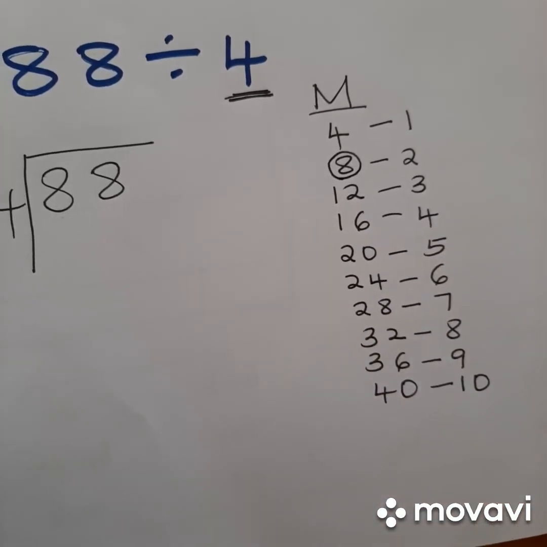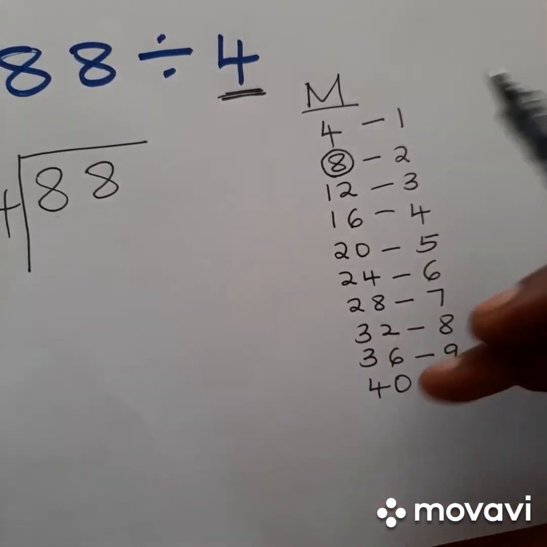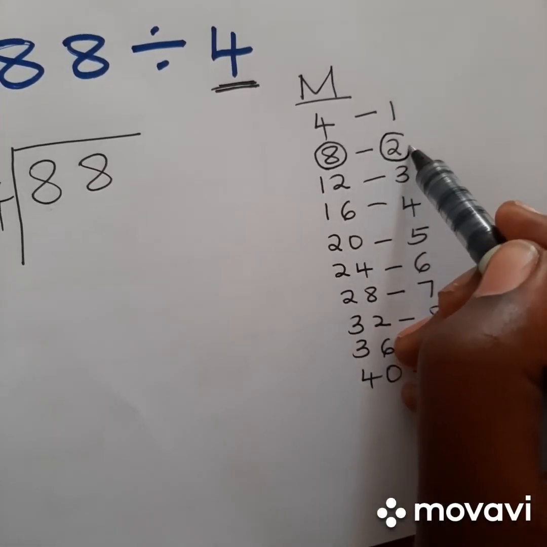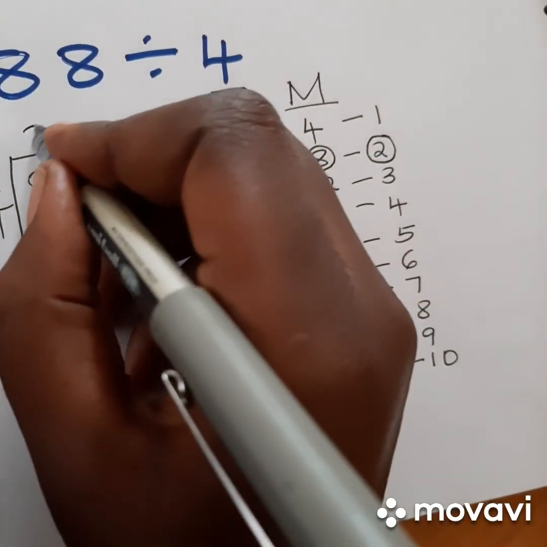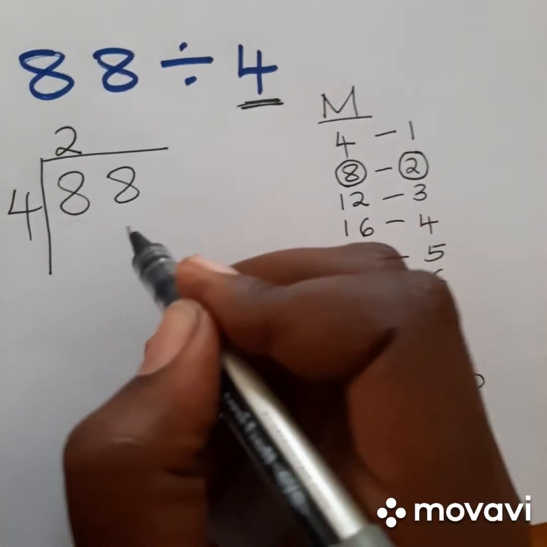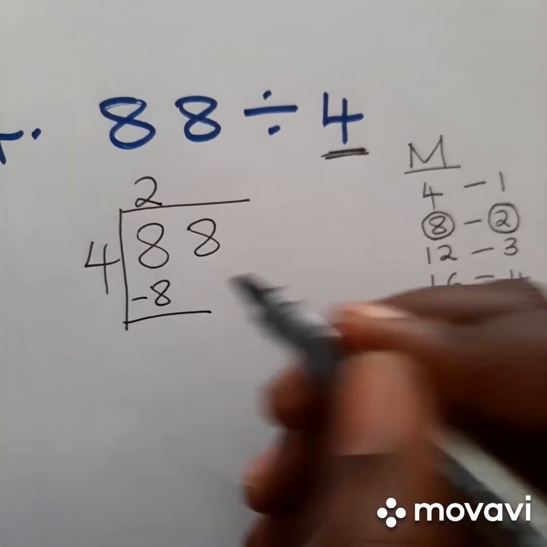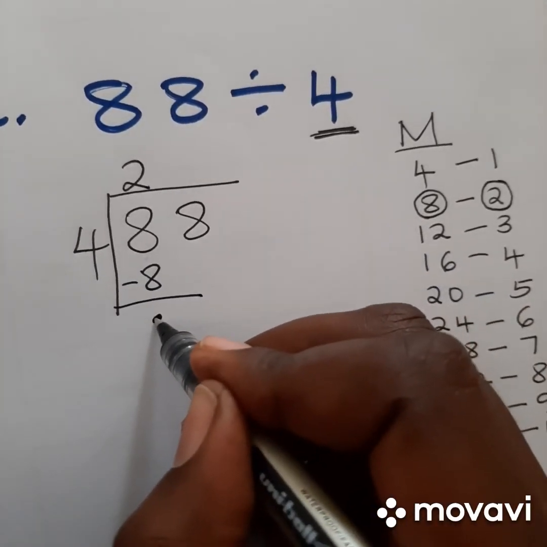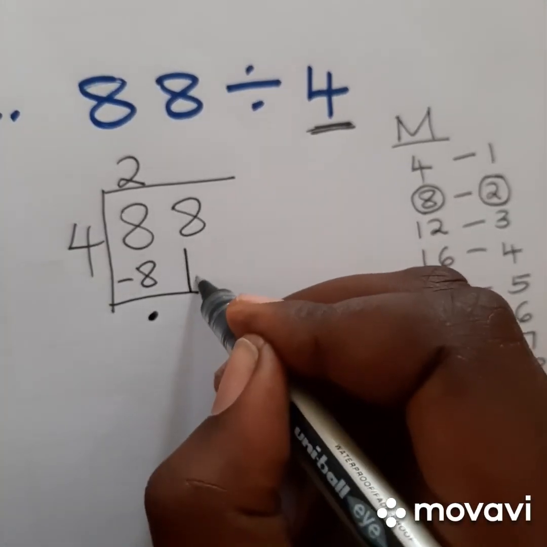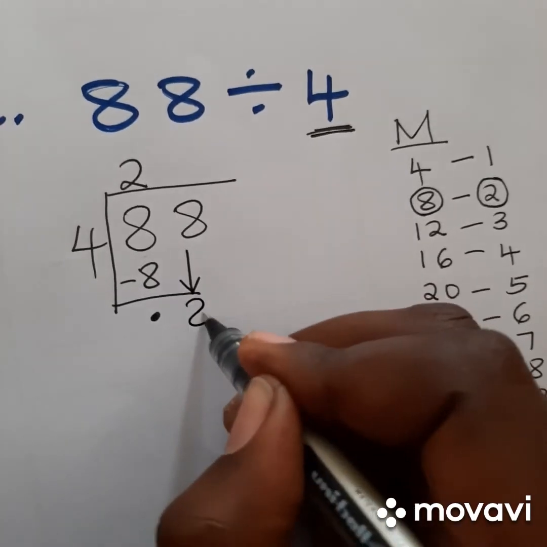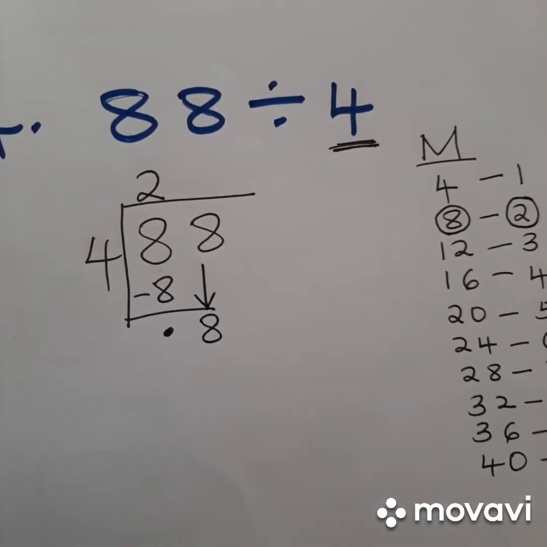So it means that 4 can be in 8 2 times. So we write 2 there, and that means 4 times 2 is 8. We subtract, 8 minus 8 is 0. Then now we drop our next digit, and it's still 8.